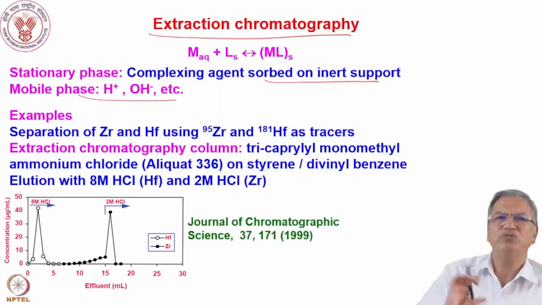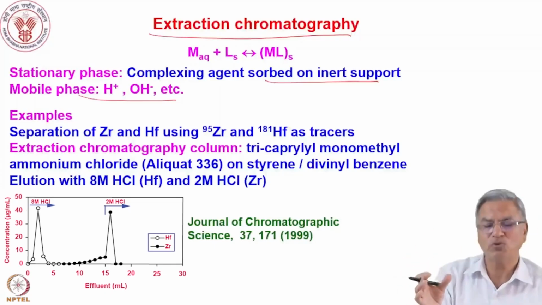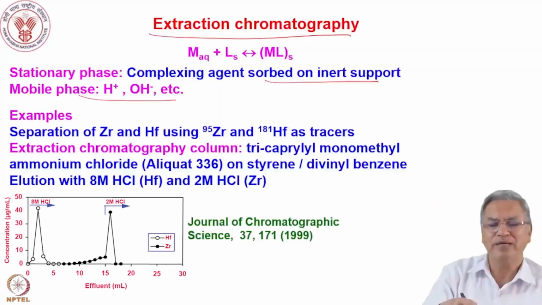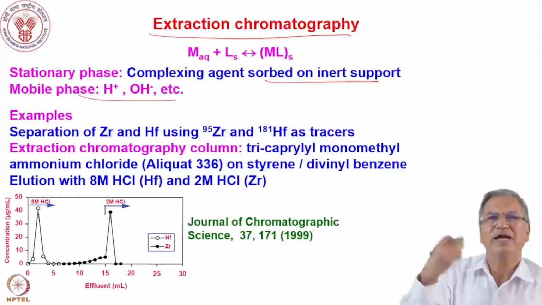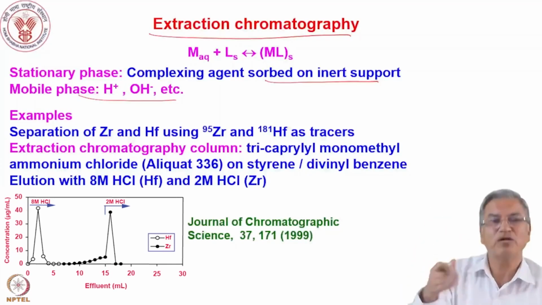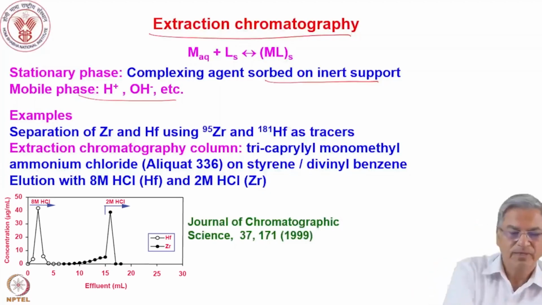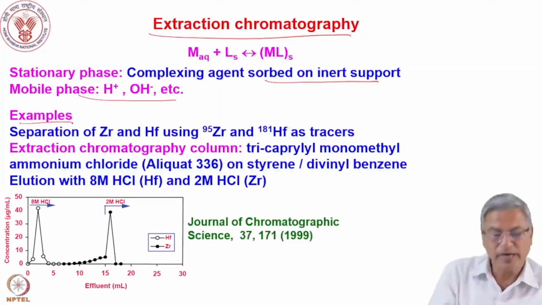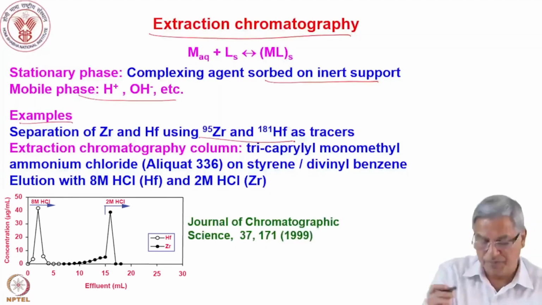So you have a solution containing metal ion and a ligand adsorbed onto the solid support. If you pass the solution of metal ion through this column, the metal ion will complex with the ligand and be retained by the column, and later on you can elute it. Just to give an example, a very careful separation of zirconium and hafnium.